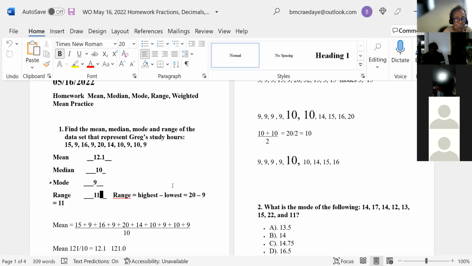That gives you your range. I had it done on my paper: 20 minus 9 equals 11. But I know it's from the highest to the lowest. Yes, it's highest to lowest, but you subtract the lowest from the highest. Got it? Yes.